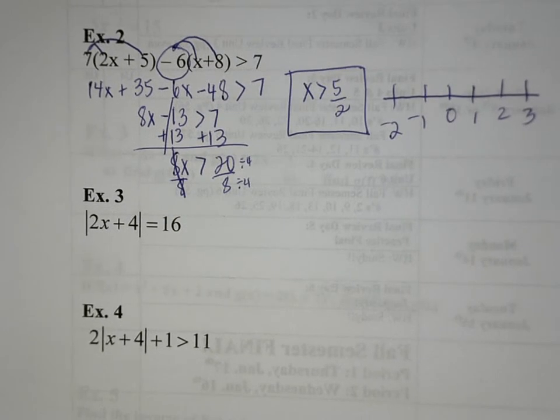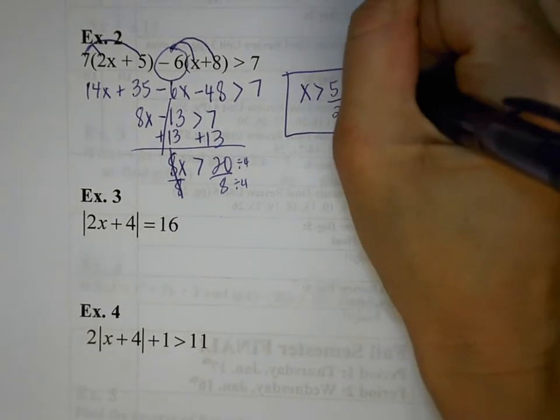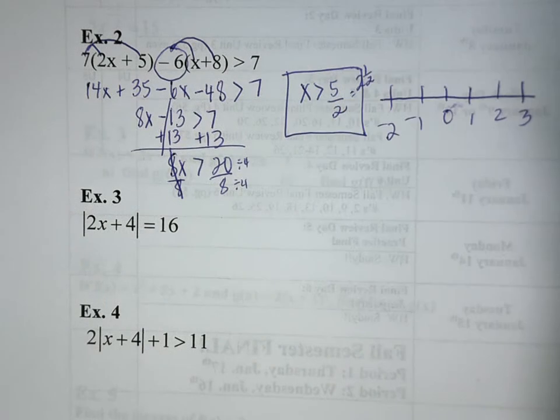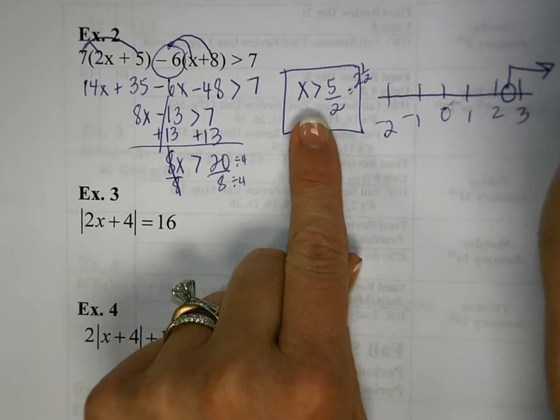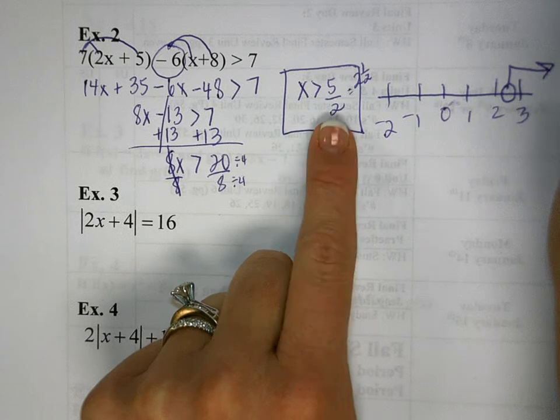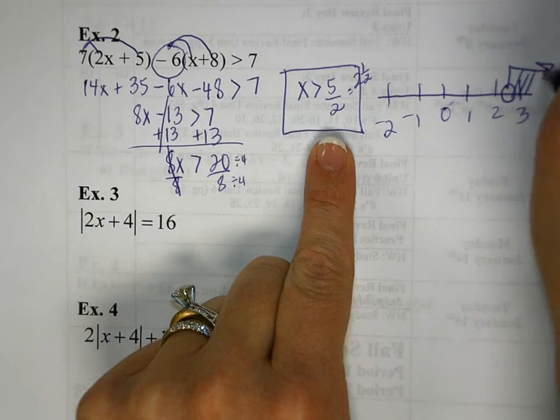Between 2 and 3, good, because 5 over 2 is the same thing as 2.5, right? So at 2.5 would it be an open circle or a closed circle? Open, and closed would be if there is an equal sign, good. And then this is going to go to the right, because it's saying numbers that are greater than 5 over 2. So numbers to the right are greater than.